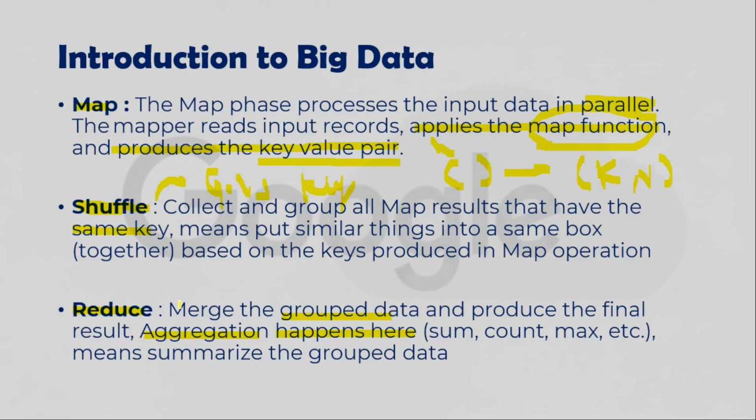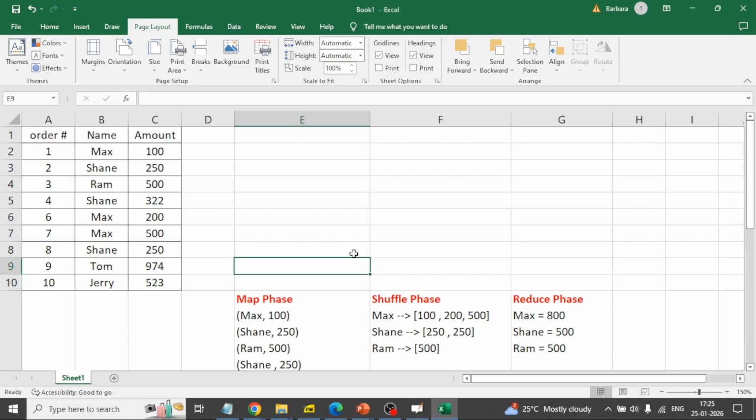So let's quickly go to one example, where we have captured some orders. We have the order number, the name, and the amount. Like I said, in real time this could be a huge set of data, but for our understanding I have come up with some sample data for explanation.